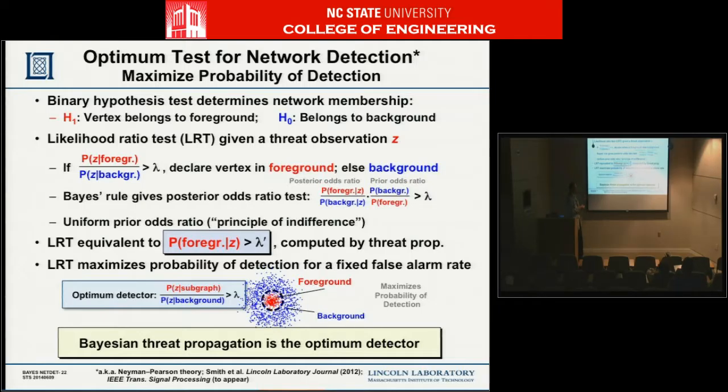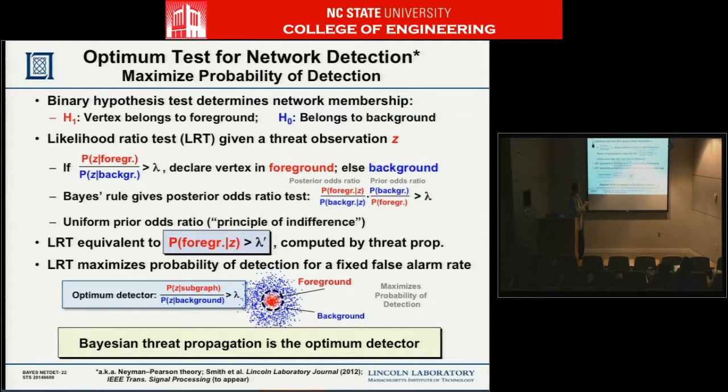And so your foreground is the things most highly correlated with your threat observation by definition, or it's the thing you're trying to detect. And so you basically have two hypotheses. It's either in the foreground or it's not in the foreground. Just like classical. And again, I'll defer to the paper for details.